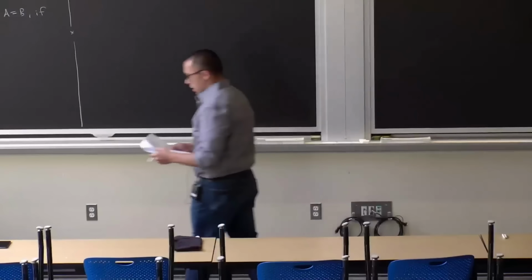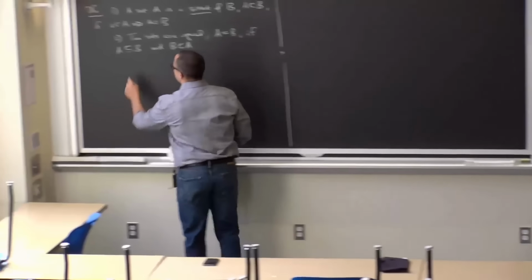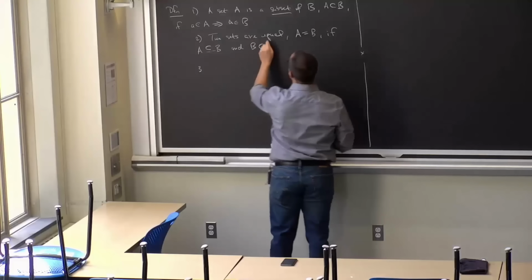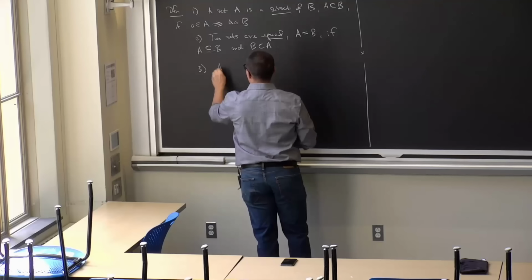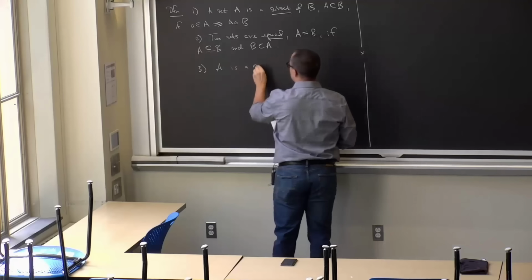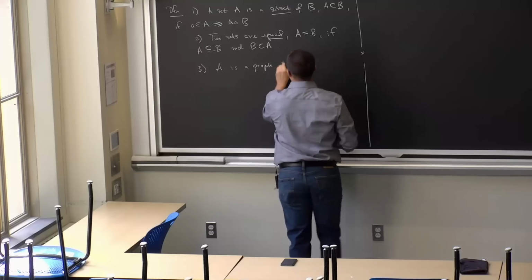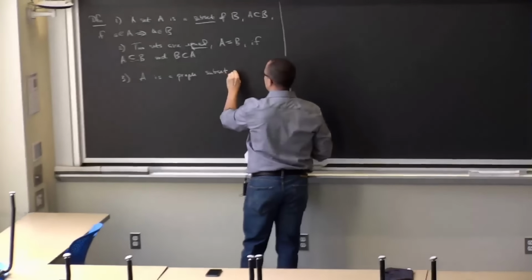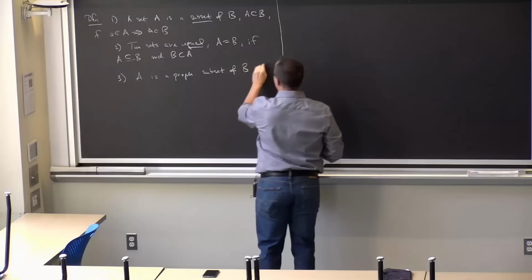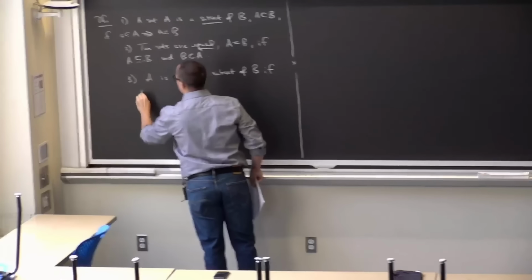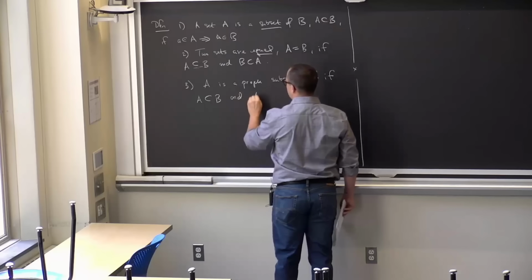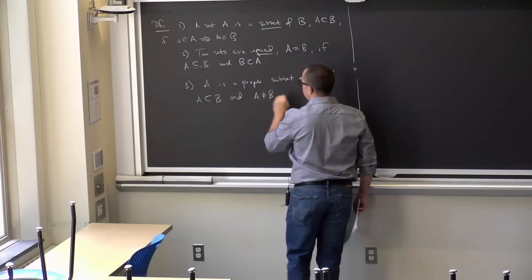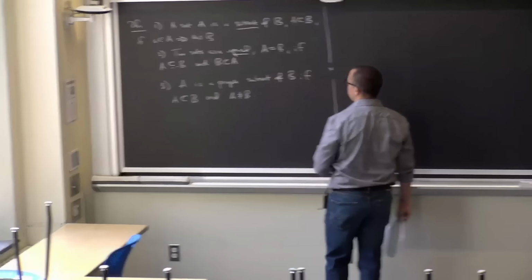Okay? And so A is a proper subset of B if A is a subset of B and A does not equal B. Okay?